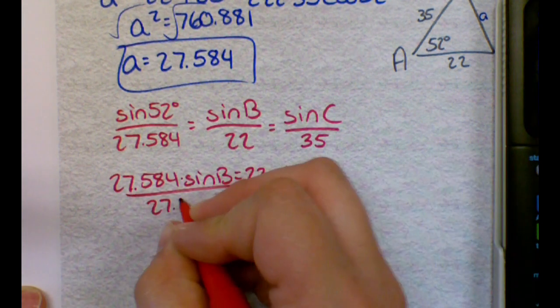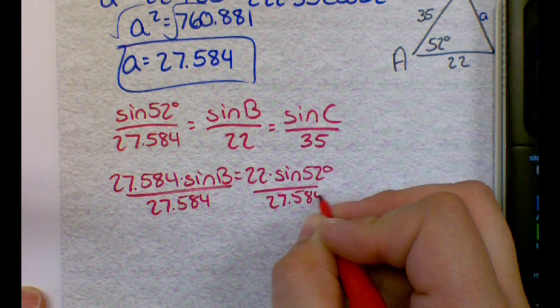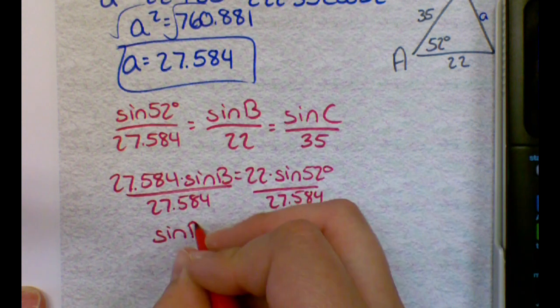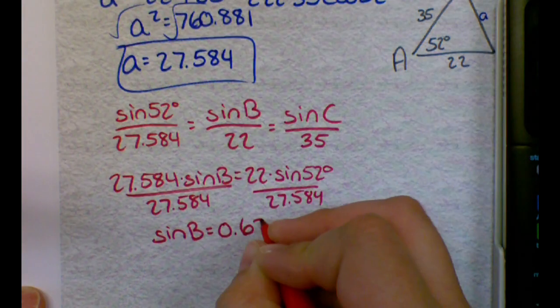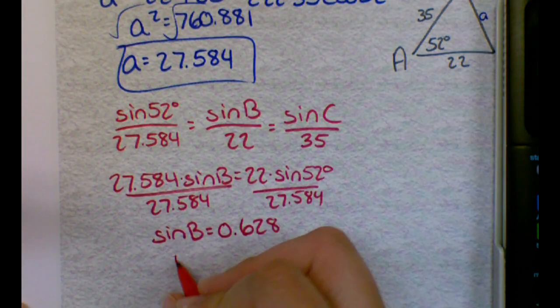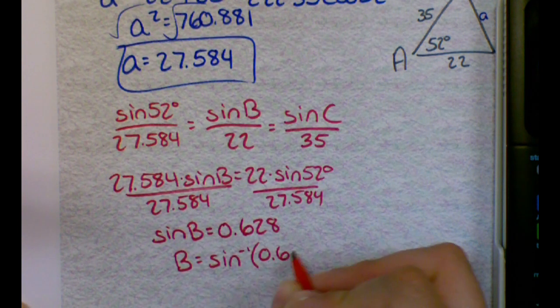Divide by 27.584. And the sine of angle B is approximately 0.628. And to get angle B, we just do an inverse sine of that value.